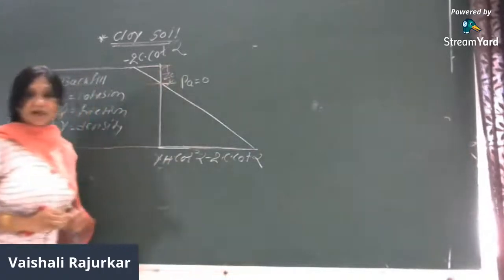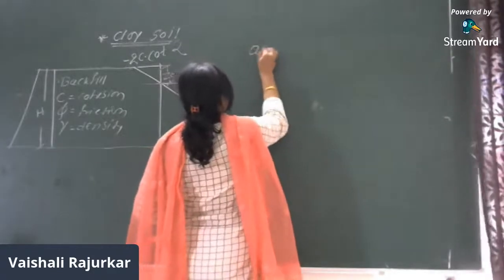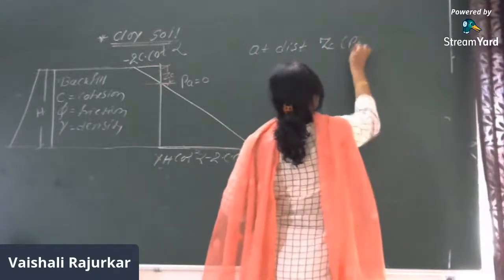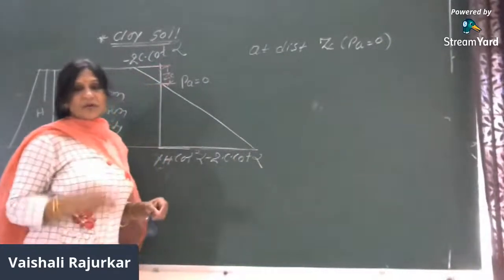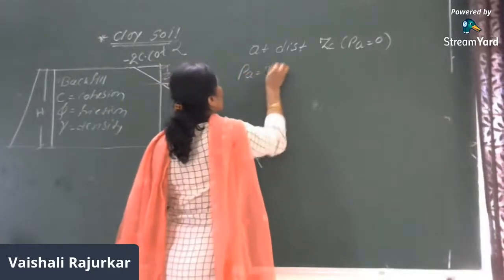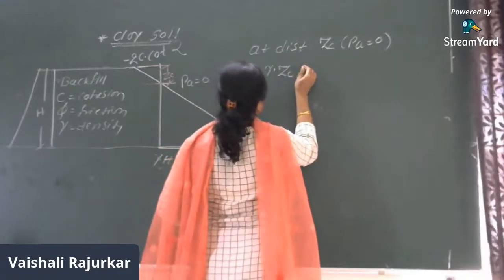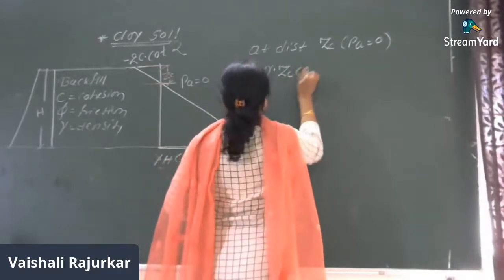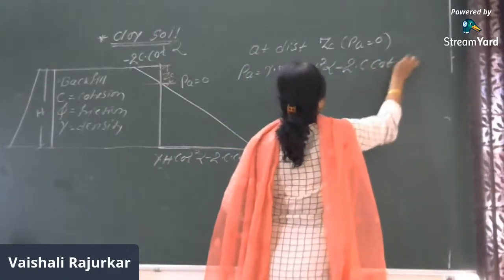This distance is then called ZC. So how will you get ZC? At distance ZC, PA is equal to 0. So we will equate the previous equation with 0. What is PA? It will be gamma into Z cot square alpha minus 2c cot alpha.